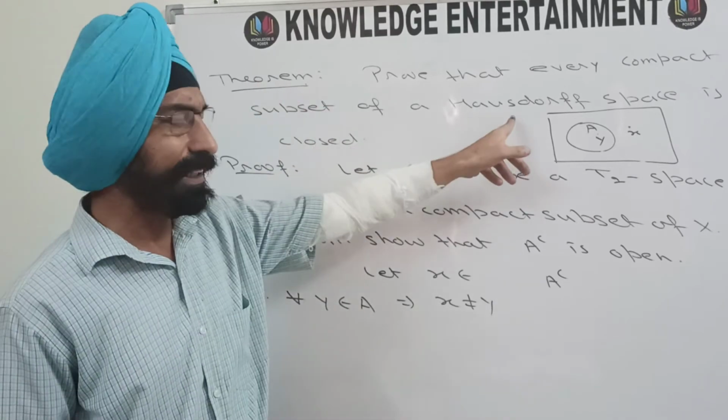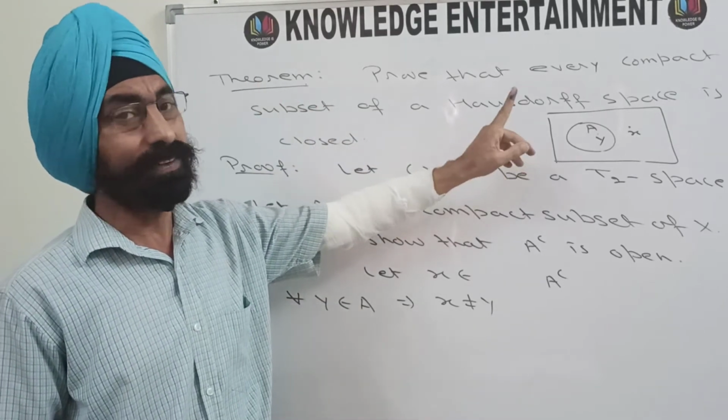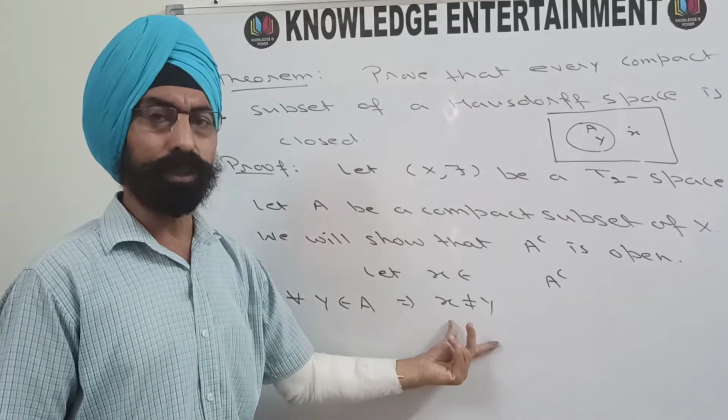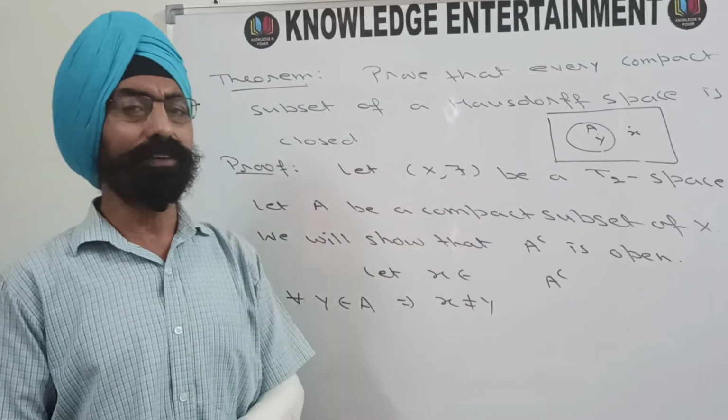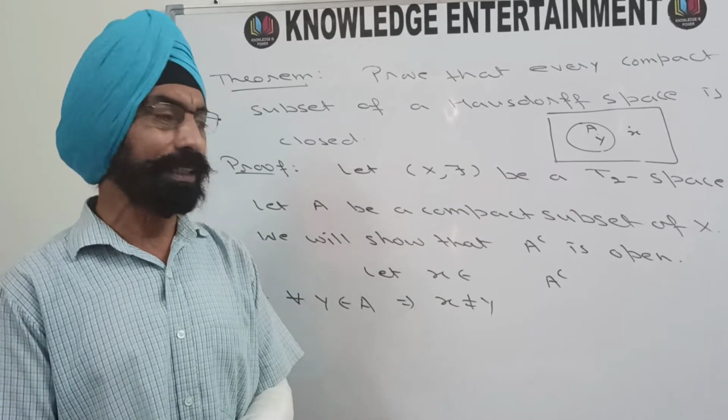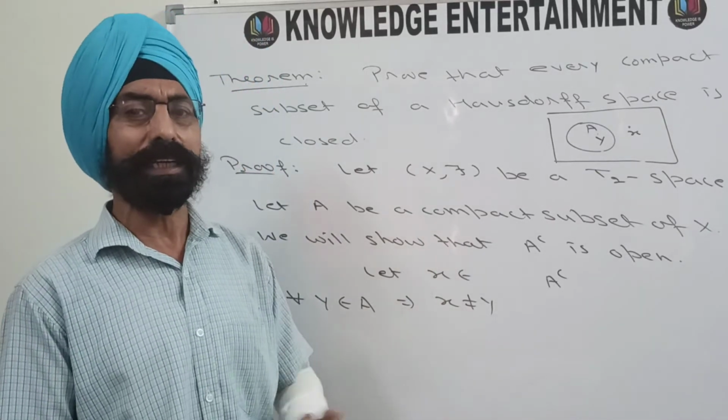And your space is Hausdorff. If the space is Hausdorff and you are taking two distinct points, there will definitely be a pair of disjoint open sets, one containing x and the other containing y.